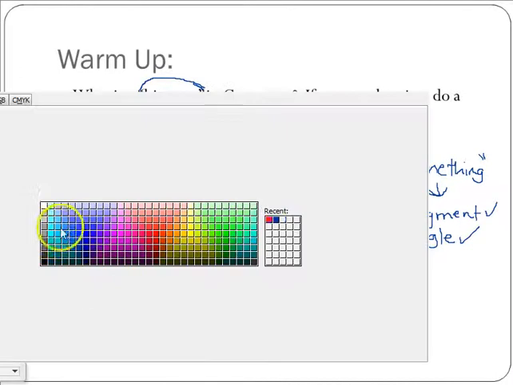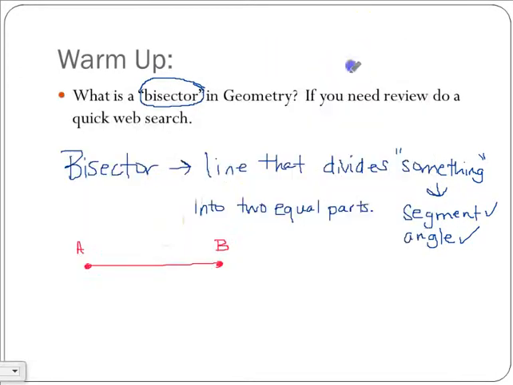So if we have a bisector come in, it is going to divide, oops, that's not quite down the center there. It's going to need to move a little bit that direction. So it's going to divide it into two equal parts. And remember, this would be the bisector. We could show that those segments are congruent by putting little ticks in there. We can call this point C, and that would show that AC is equal to CB.